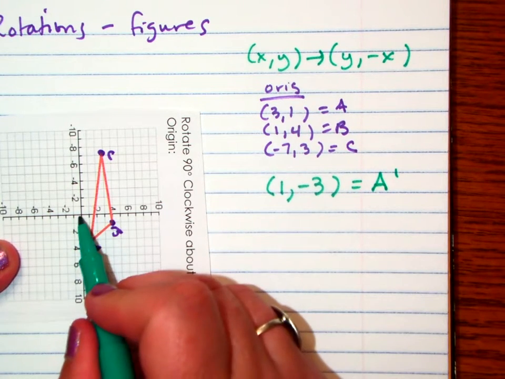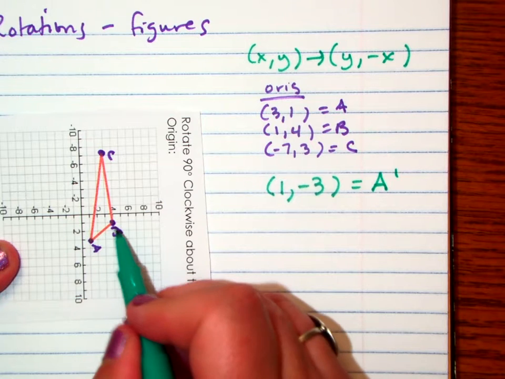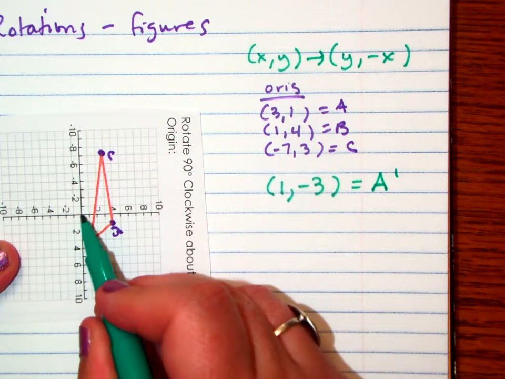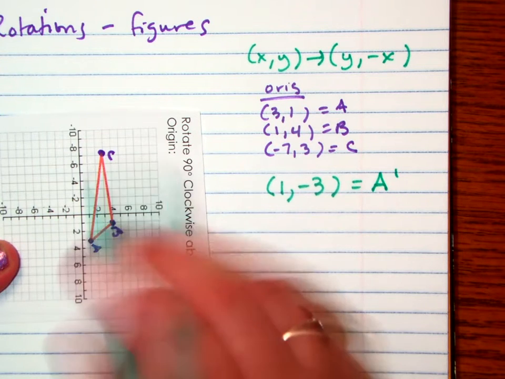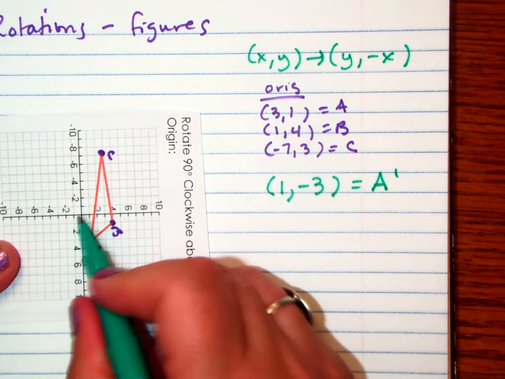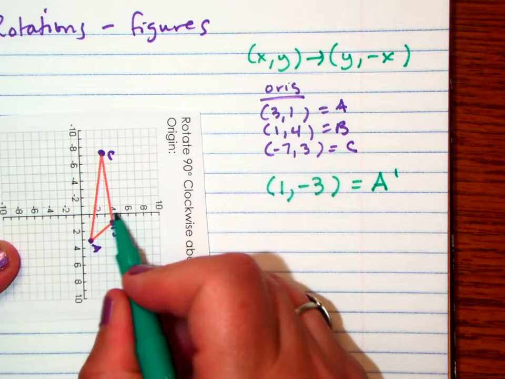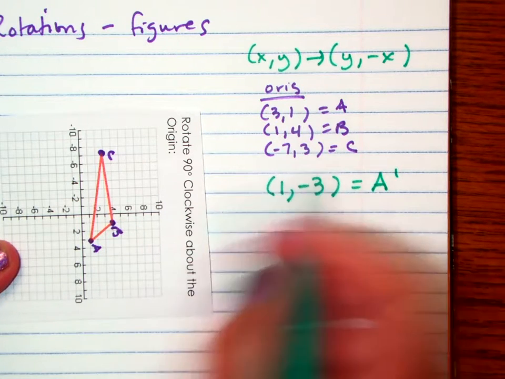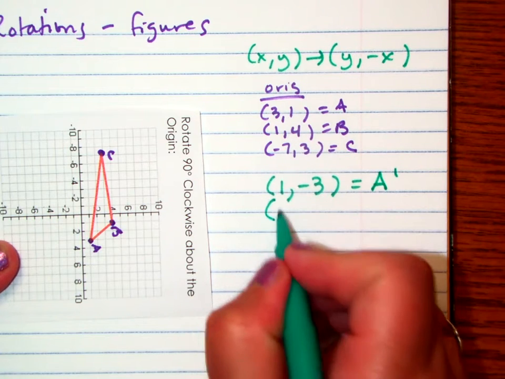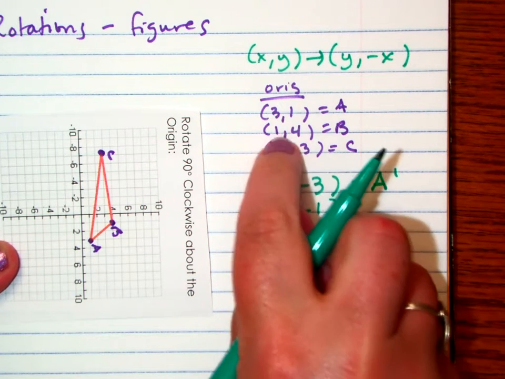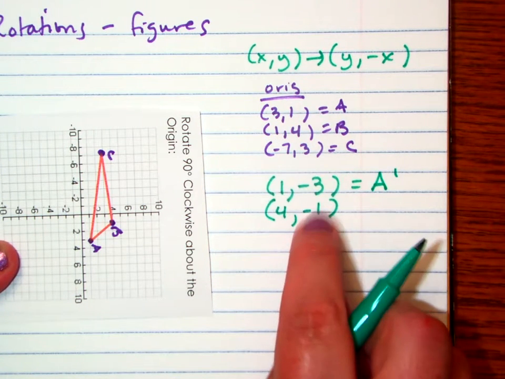All right, so in this case, my B prime will be right here. Notice I'm not drawing it yet. I'm just figuring out where things would be, and I'm going to put it back to the original. So 1, 2, 3, 4 over, and down to -1. Again, 4 over was that original y, and down to -1 because that's now -x.